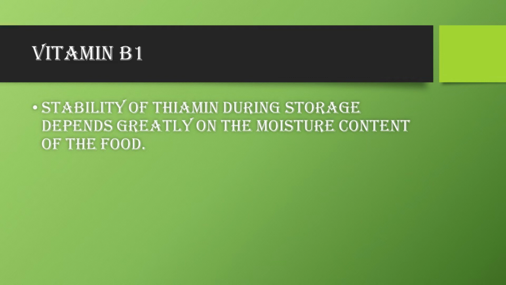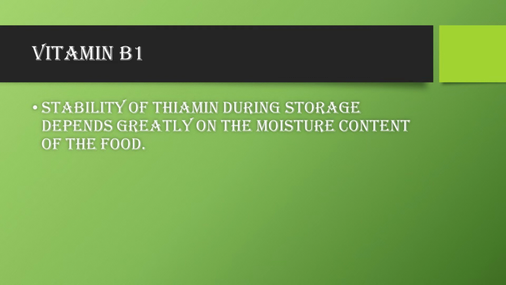The stability of thiamine during storage depends greatly on the moisture content of the food. Flours with a 12% moisture content retain 88% of the added thiamine after 5 months. If the moisture level is reduced to 6%, no losses occur.